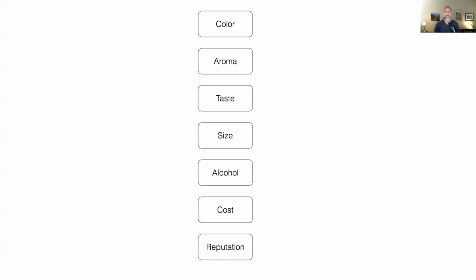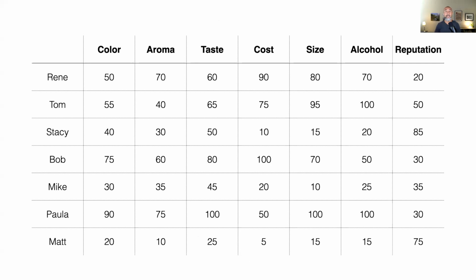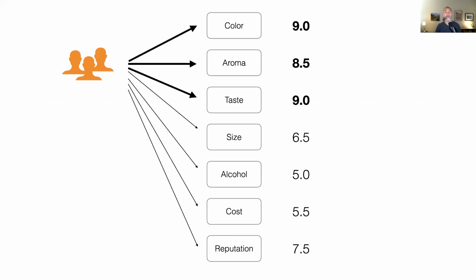So there are 7 questions. Then maybe 10, 100 people, whatever, you ask them to score from 0 to 100, and you get this result back. Based on the way they responded, it seems like some group of people tend to score higher for something like color, aroma or taste, but they don't really score high on other aspects of the beer.